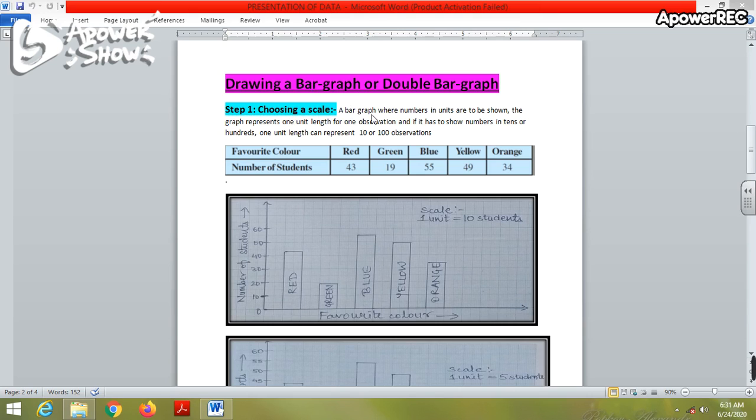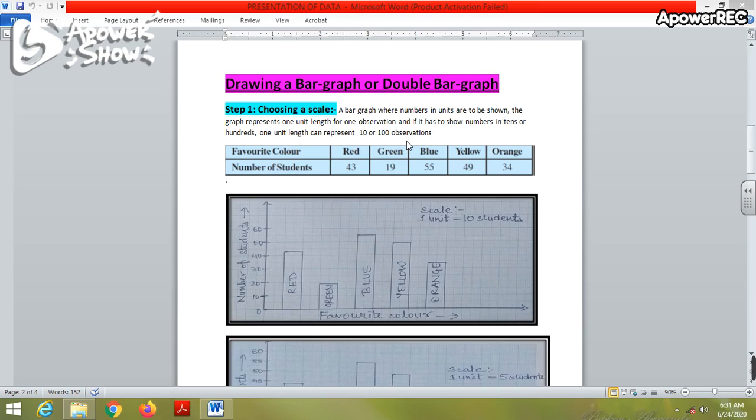In a bar graph where numbers in units are to be shown, the graph represents 1 unit length for 1 observation, and if it has to show numbers in tens or hundreds, then 1 unit length can represent 10 or 100 observations.